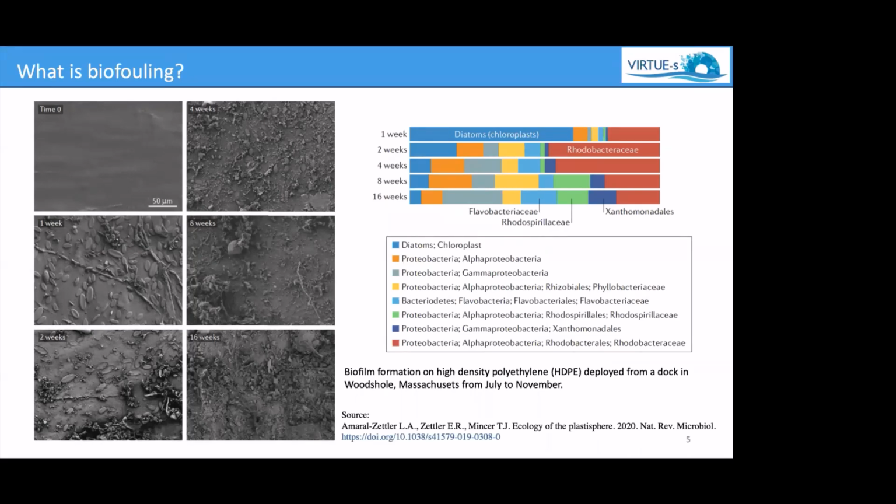That is common to all. It doesn't matter what type of substrate, it's bacteria and diatoms and some protozoa. What is different is what kinds of bacteria and what kinds of diatoms are present as early settlers.